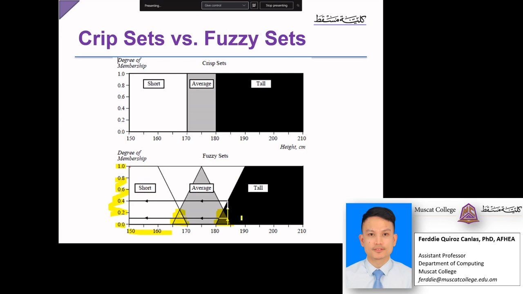So for us to calculate these values here, we have to go with what we call a membership function. The membership function will help us to determine if a certain height falls on a specific category. Let's say, for example, if I'm going to calculate for this point here, it would be equivalent to 0.4, or it could also be 0.1.